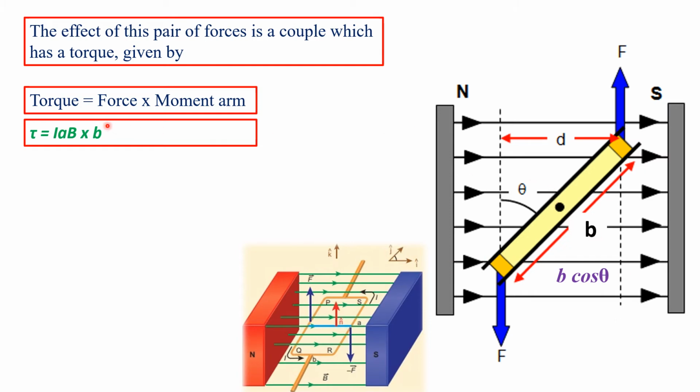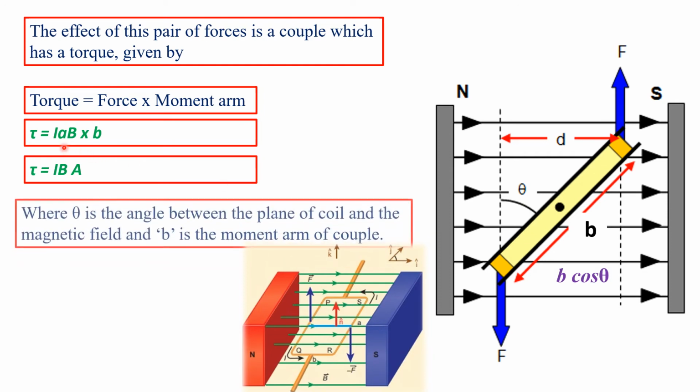So torque equals to force into moment arm due to this couple. But we know that due to two forces, moment arm will be this complete distance b. So torque equals to force, that is IAB, into moment arm b, width of the coil.